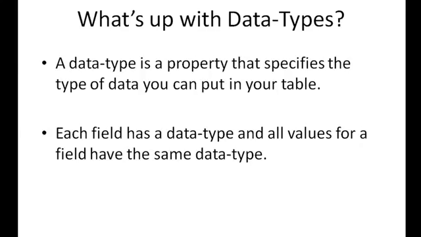If rank is a field, and in that field you're only going to put tennis rankings, all the rankings are going to be numbers, right? So all those numbers have some data type, and they can be integers or floating values, if they have decimal values.